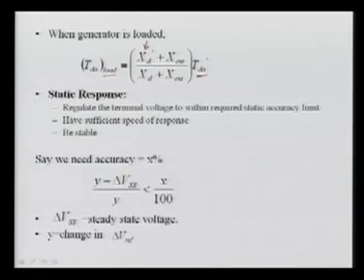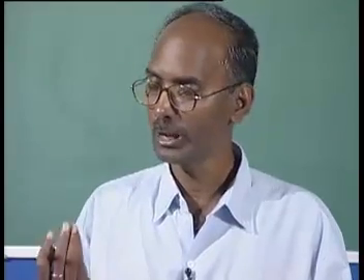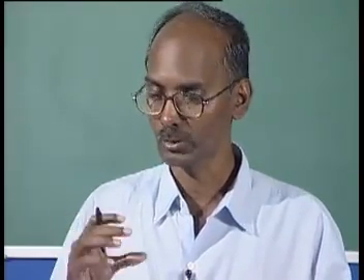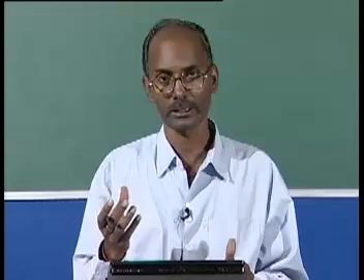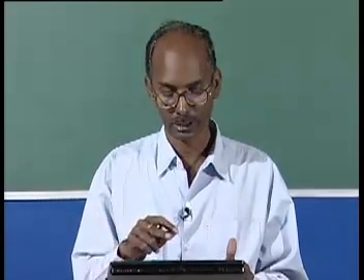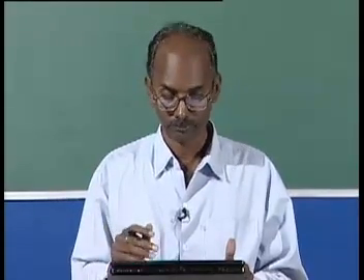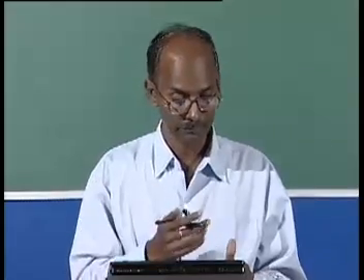So we have to go for two performances, static and dynamic. First let us see the dynamic, and then we have to decide the gain, because gain is very important. Gain gives information about the static error, and also about the dynamic performance, whether your system is stable or not.